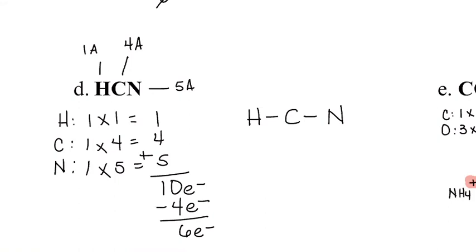So, how many electrons does nitrogen need in order to form an octet? Great, 6 electrons. 1, 2, 3, 4, 5, 6. Oops, I used all my electrons available for bonding. Who still needs an octet?